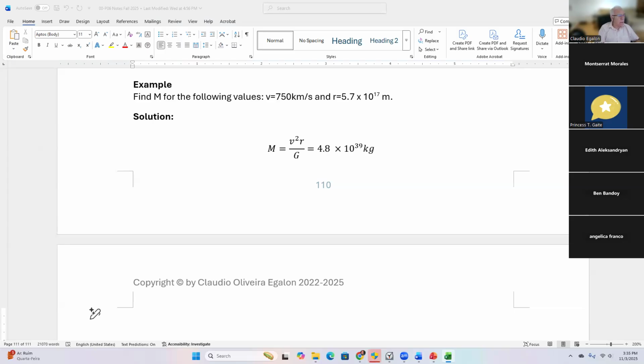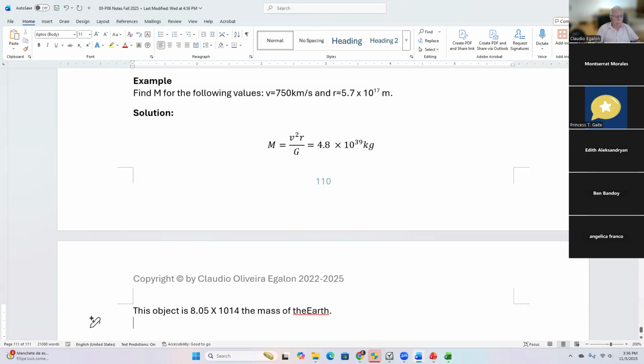This object is 8.05 times 10 to the 14, almost 15 orders of magnitude, the mass of the Earth. Okay? You can get the mass of the Earth from any book out there.